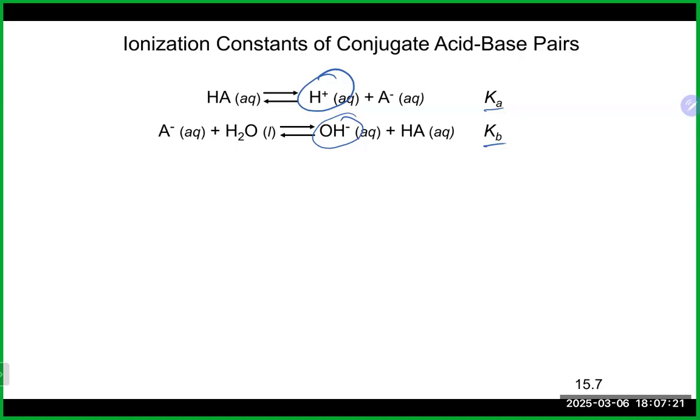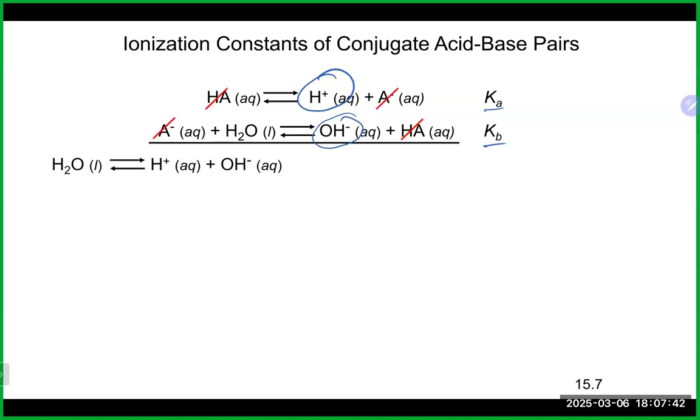So H plus or H3O plus on the product side, roll with the Ka, even if they don't give you the Ka. That is what you need if you're going to do a calculation. And if you have hydroxide on the product side, you need to roll with a Kb. By the way, if we add these together, that is our friend water, as everything cancels out. That makes water, which we also know has a K value.